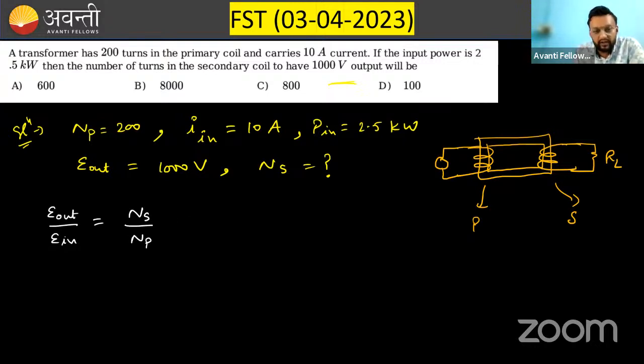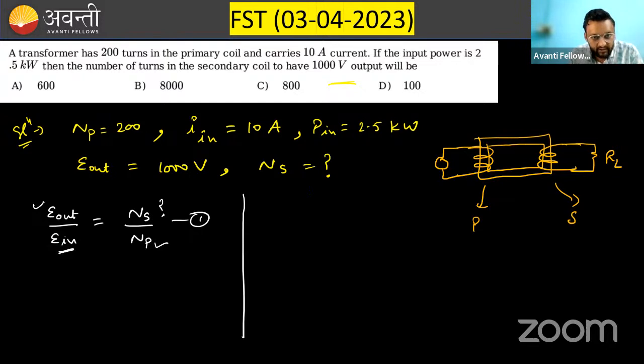Now, how many things are known to us? E out is known, NP is known, NS is to be calculated, and E in we don't know. To calculate NS, what I should calculate first is the input voltage. So let's solve it here.